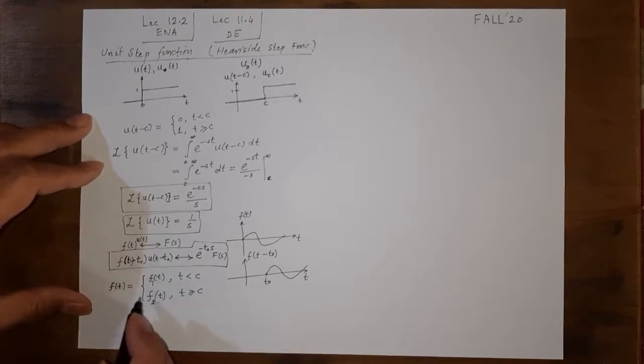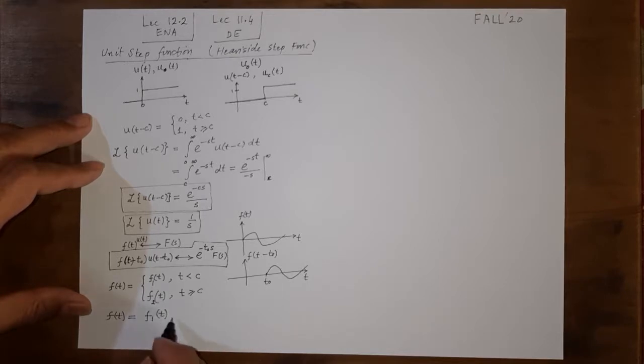When you write a function in this piecewise fashion, to find the Laplace transform we would have to apply the basic definition, whereas we can use the unit step function to describe this in one line. So can you see that f(t) is equal to f1(t)?